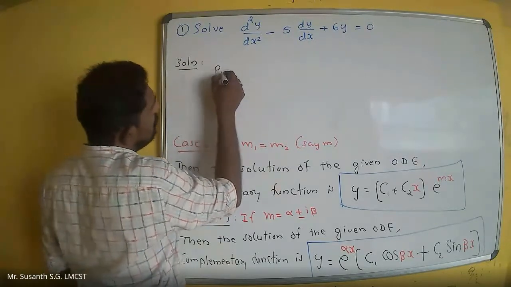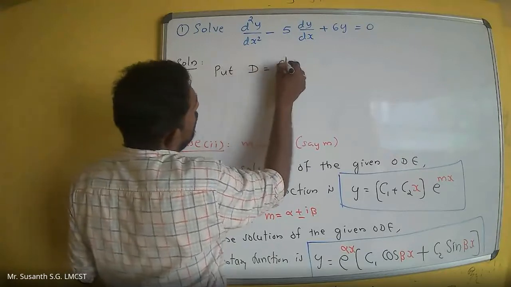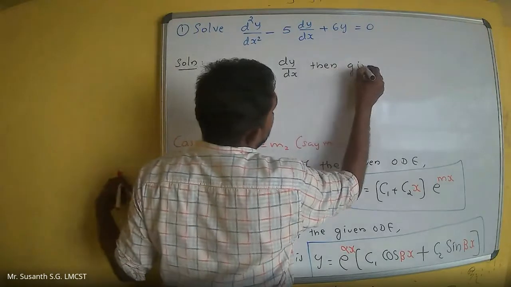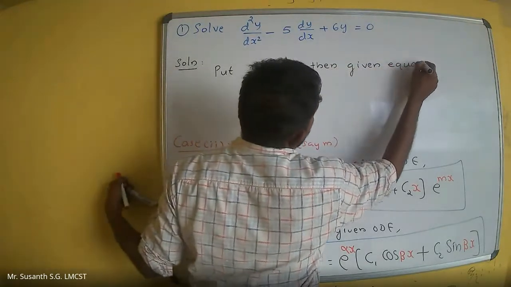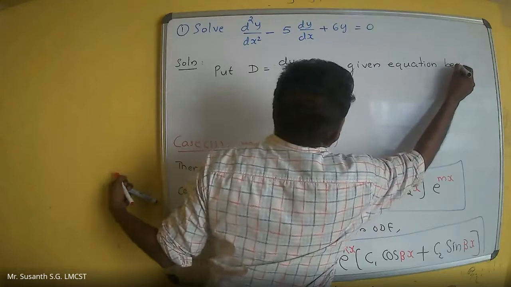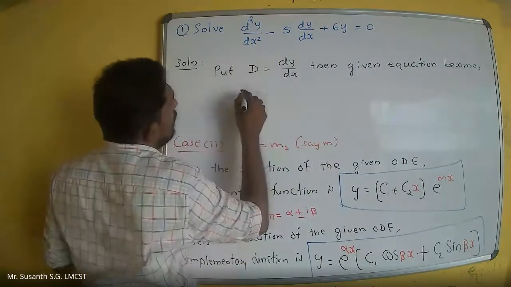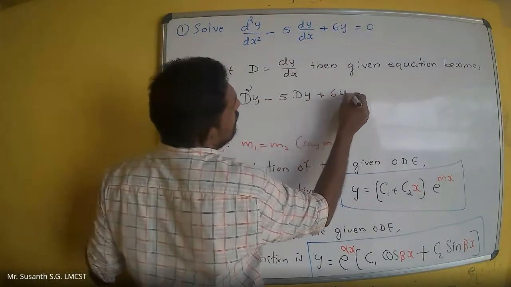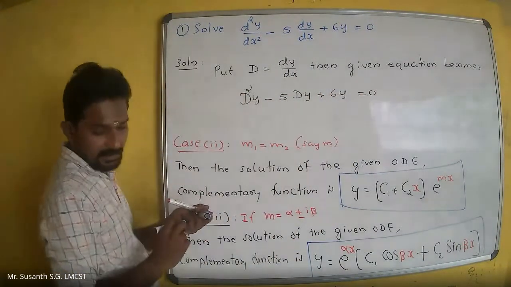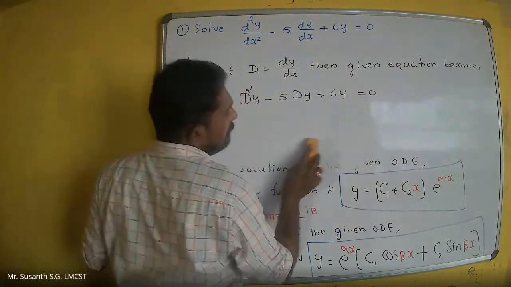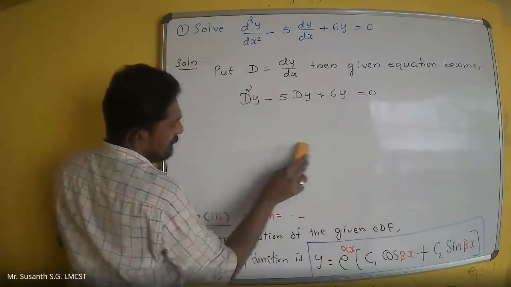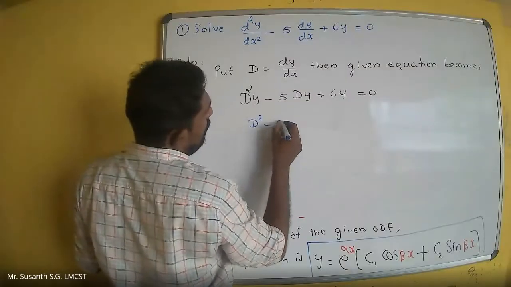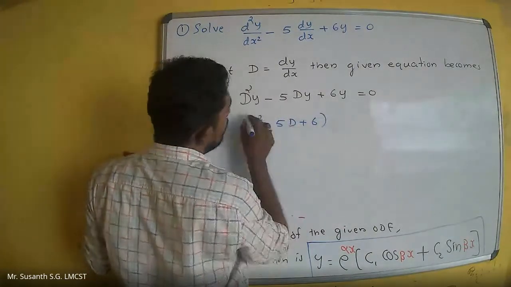Let's put capital D is equal to d by dx. Then the given equation becomes D square y minus 5 D y plus 6y is equal to 0. Here we take y outside: D square minus 5D plus 6 into y is equal to 0.